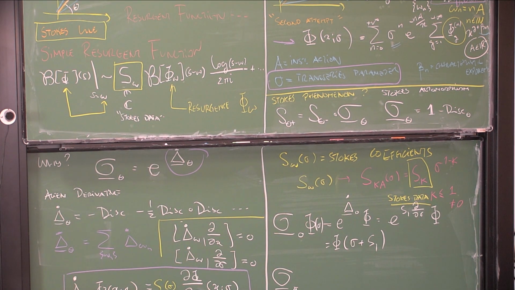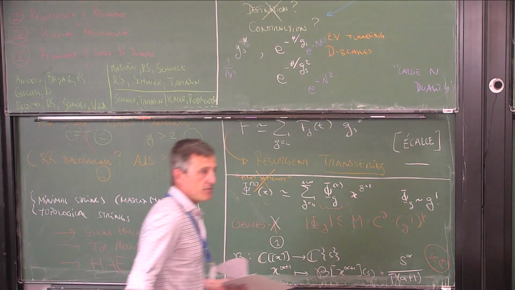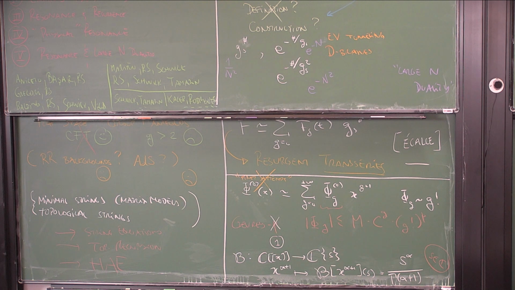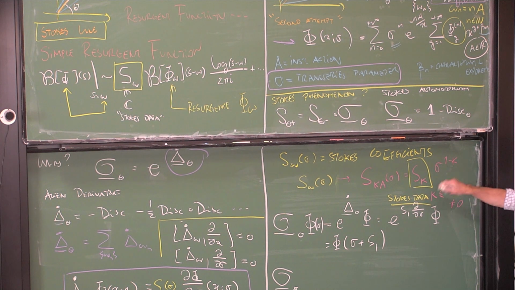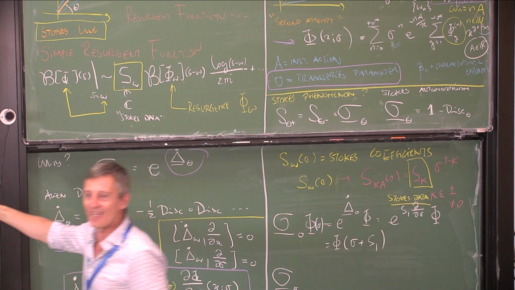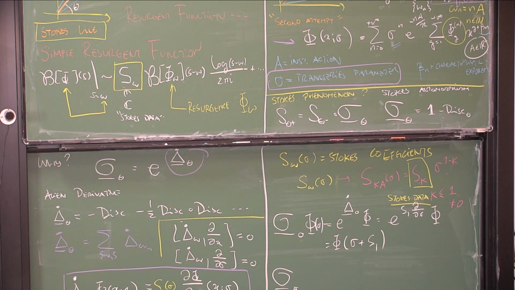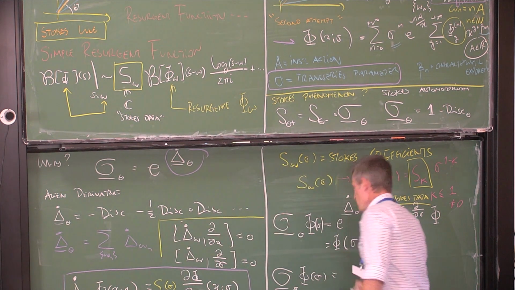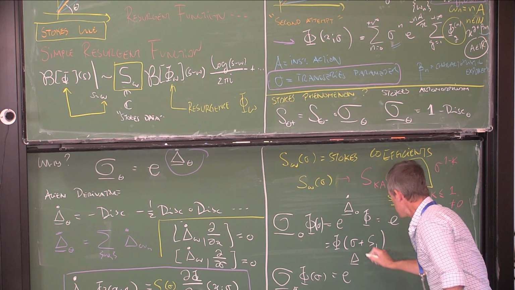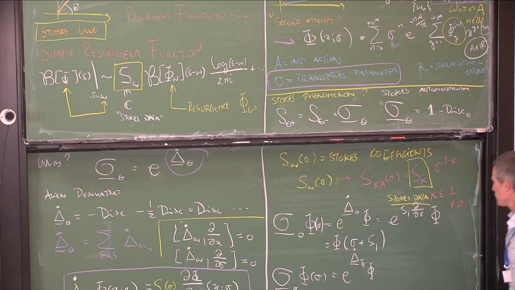And so classical analysis would stop here, but generically, when you have to deal with nonlinear Stokes phenomenon, you can't stop here. You have to keep going, because I only considered the positive one, quote unquote, of all these possible Stokes coefficients, and I still have to take into consideration a possibly infinite number of them in the negative direction. So if you do that, I write down the definition of the Stokes automorphism, but now, when I use the bridge equation, I have to take into consideration all those guys.